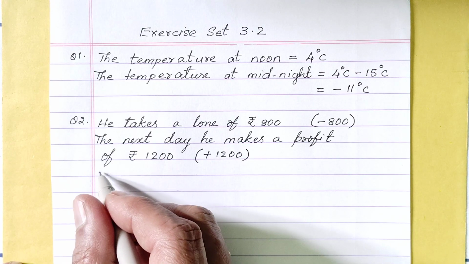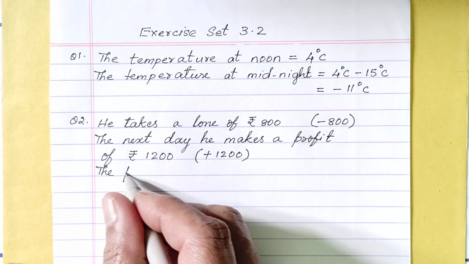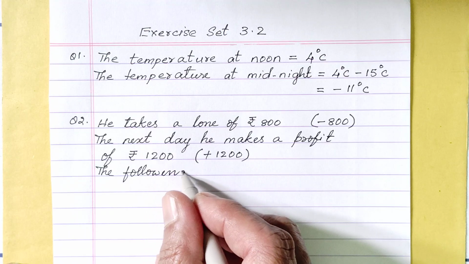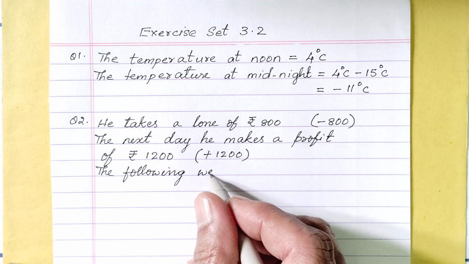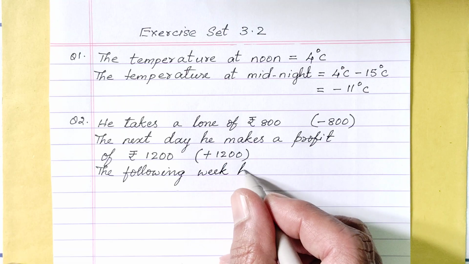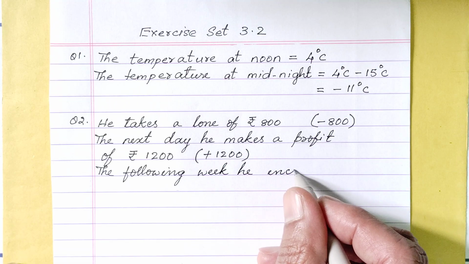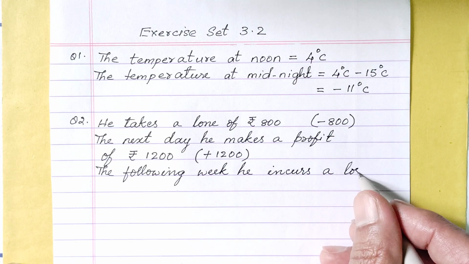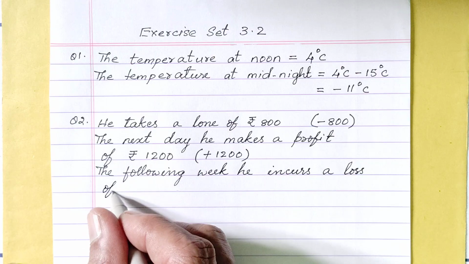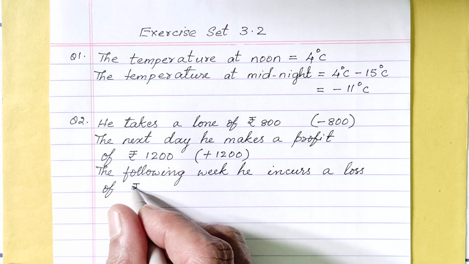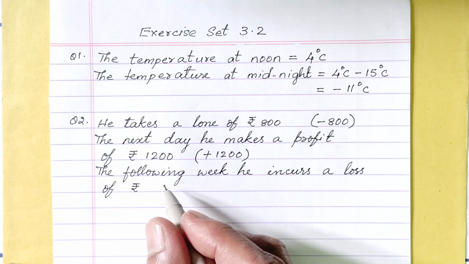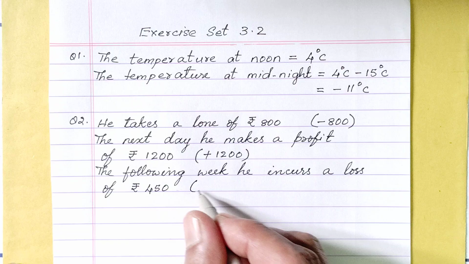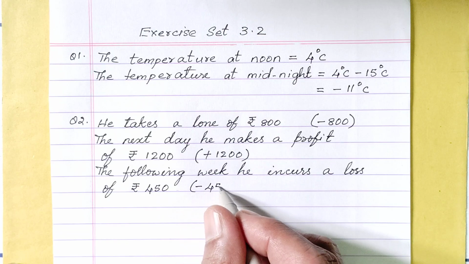The following week he incurs a loss of rupees 450. This we will represent as minus 450 because it's a loss. Minus 450.